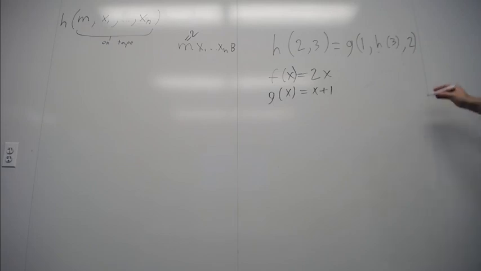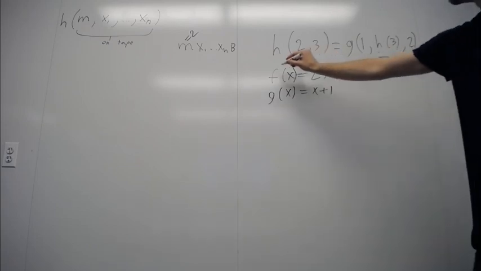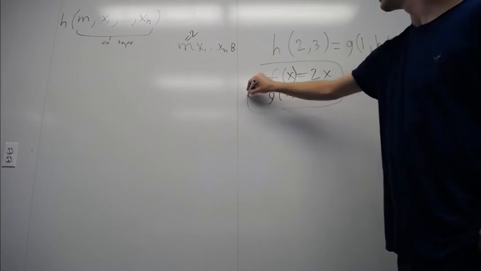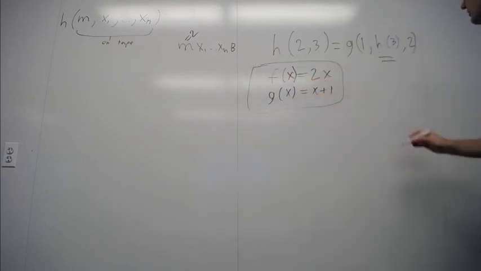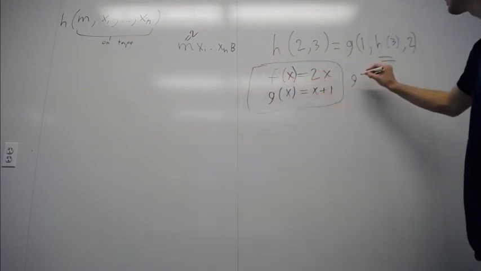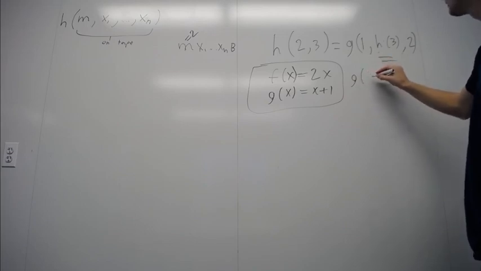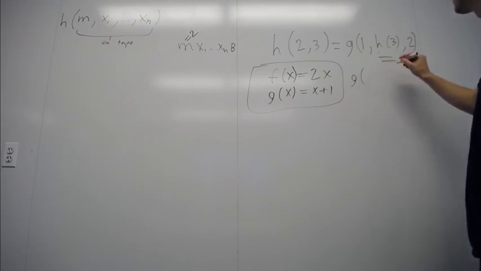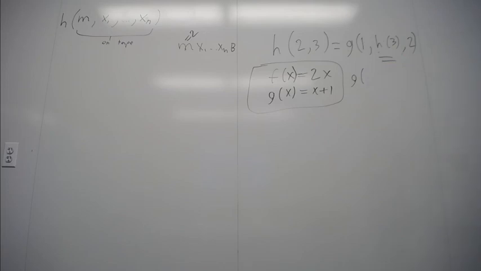So this equals, I'm going to go down now because otherwise it's going to go off camera. Now it's G of h of 1. How come it's not inside h of 1 comma 3 and then comma 3? Is it comma 3? Yeah, it is comma 3. No, this is right.